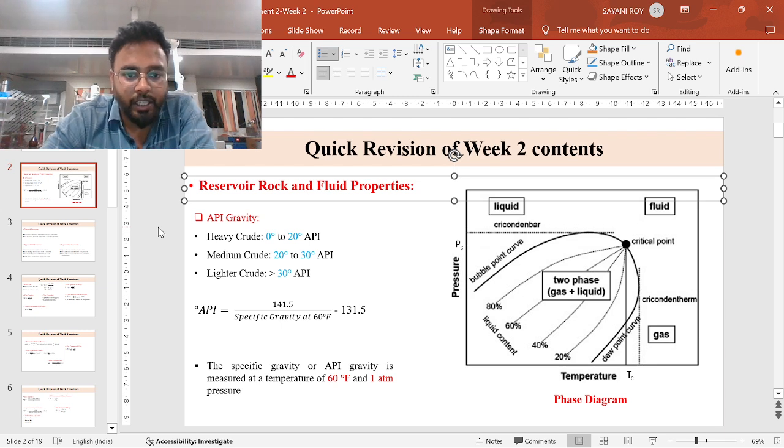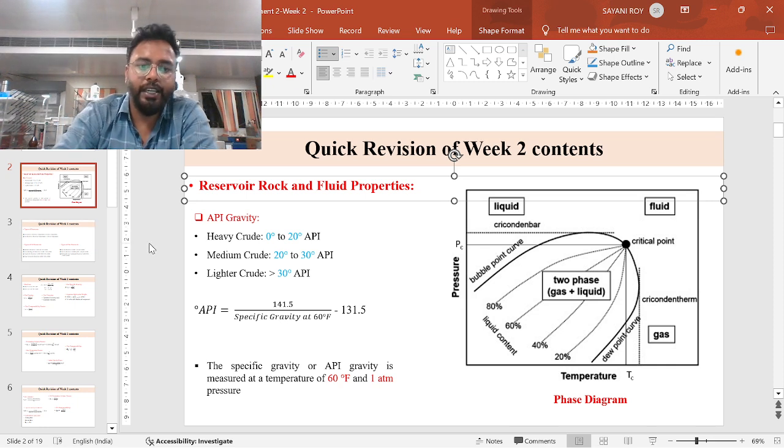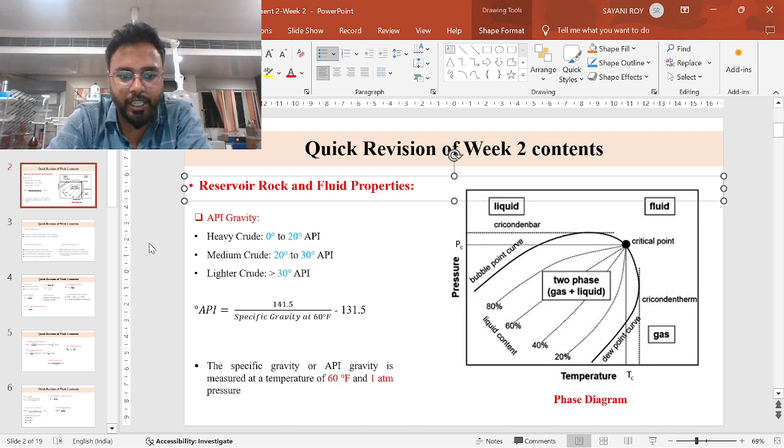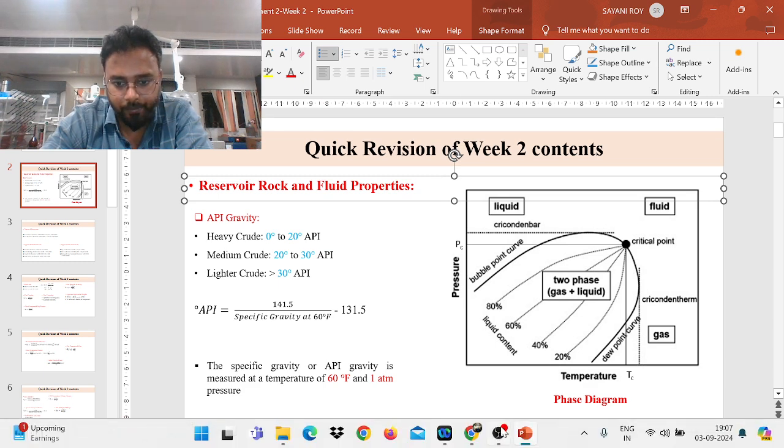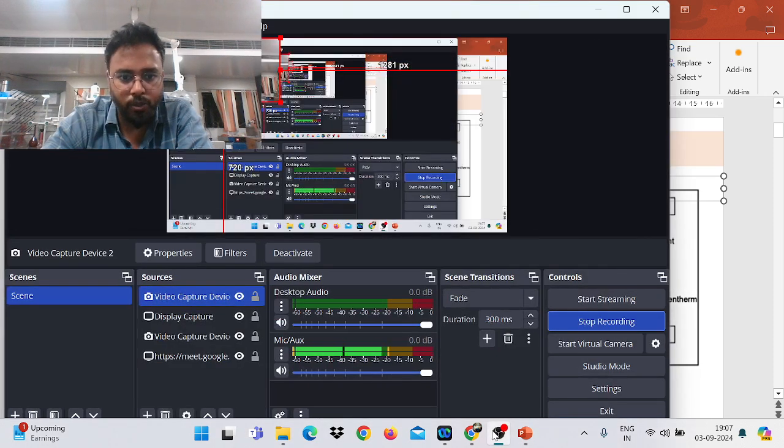This means the API gravity is inversely proportional to the density of the crude. You can write the formula: degree API equal to 141.5 divided by specific gravity at 60 degree Fahrenheit minus 131.5. These measurements are taken at standard conditions, that is 60 degree Fahrenheit and 1 atm pressure.